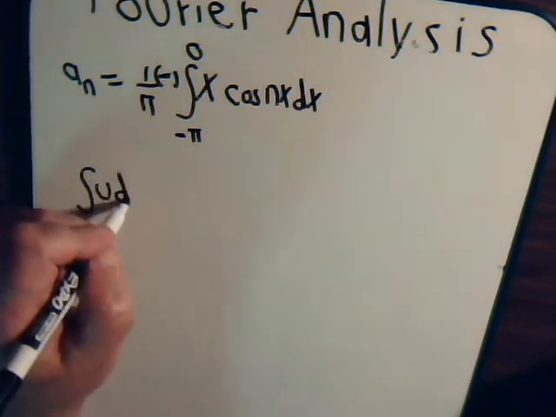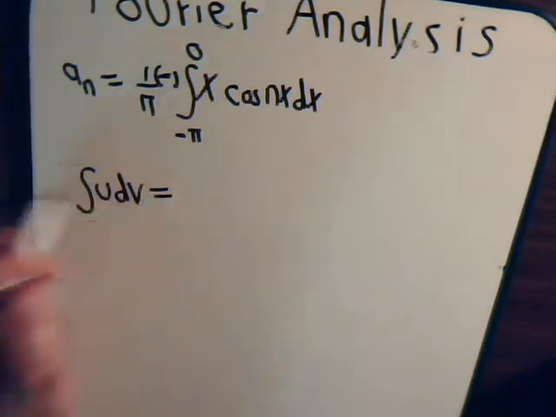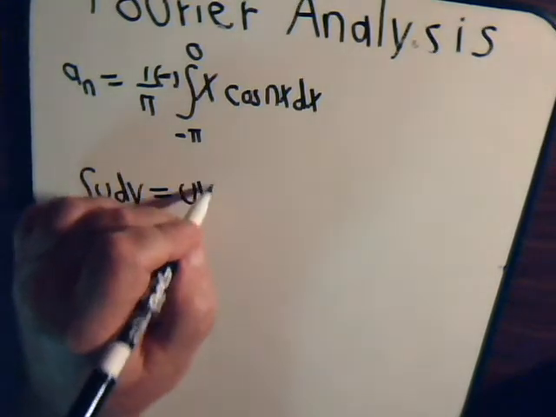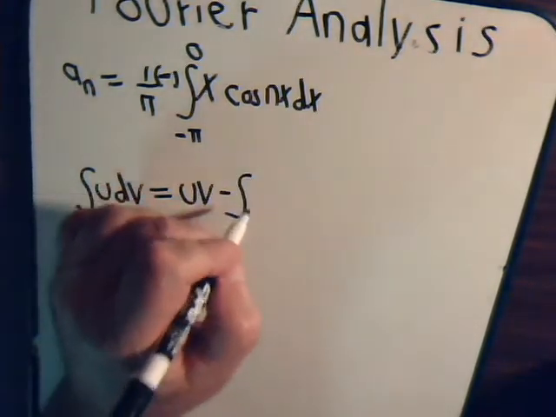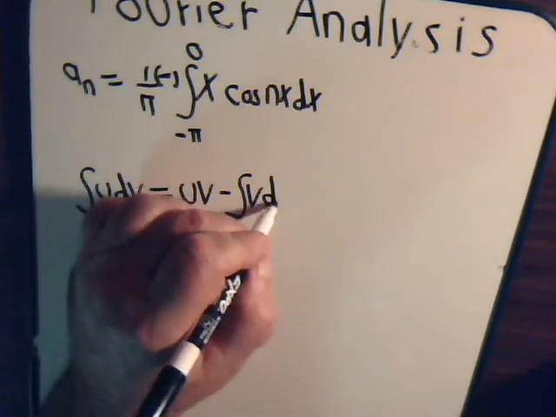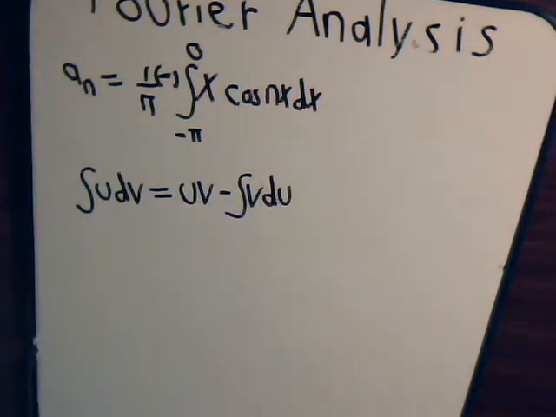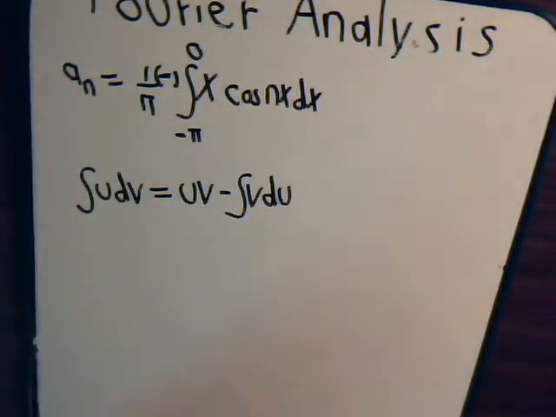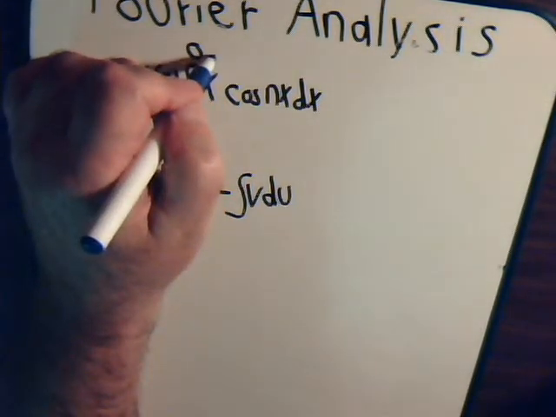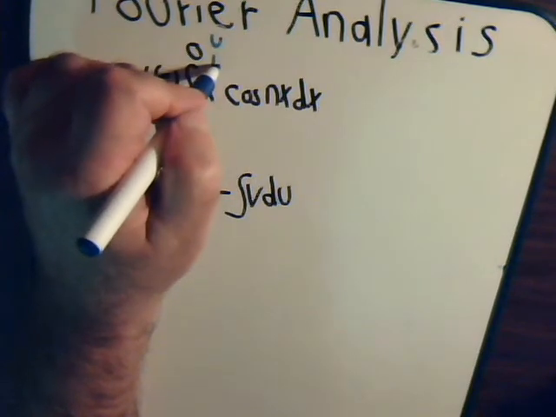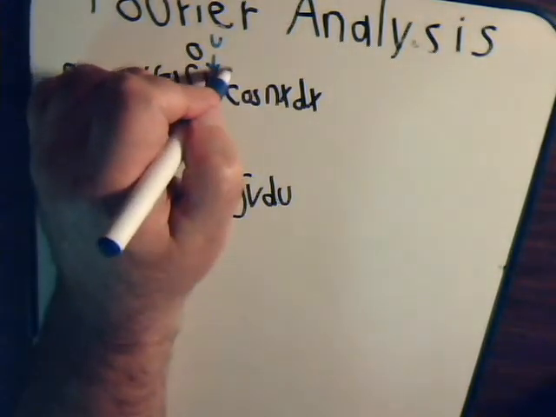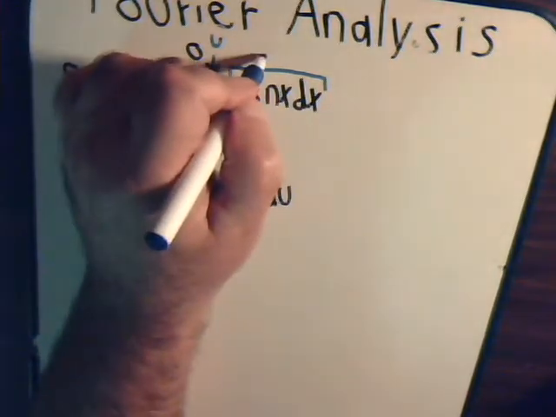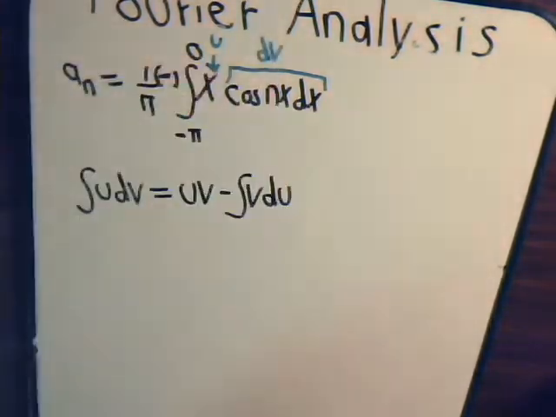The formula goes like this. And hopefully it's obvious that what we want to pick to be u would be x, and this part is dv.